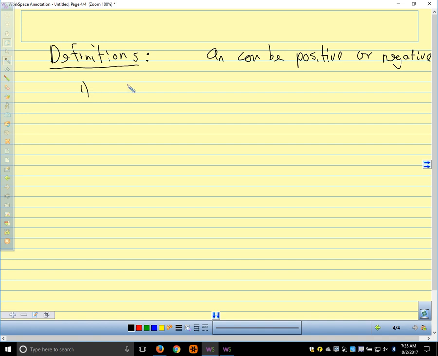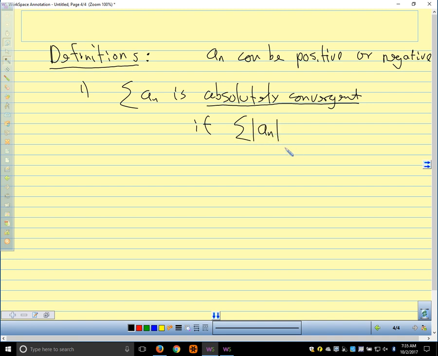So we're going to say that the sum of a sub n is absolutely convergent if the sum of the absolute value of each term converges. And we're talking about an infinite sum here.